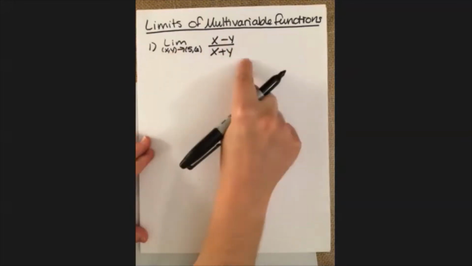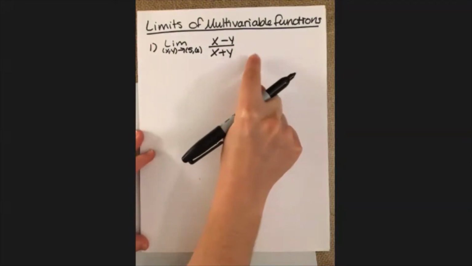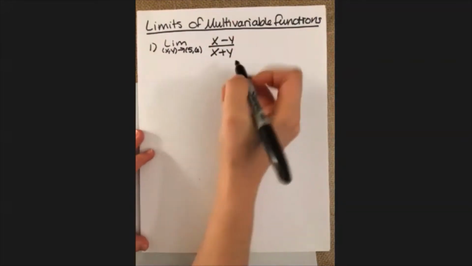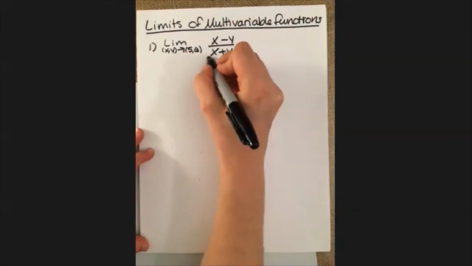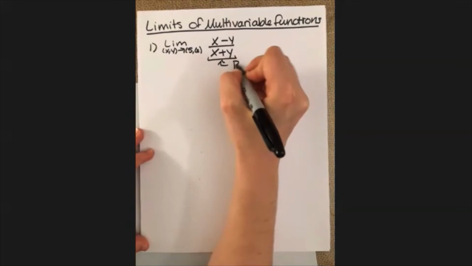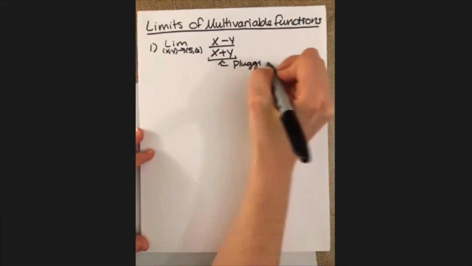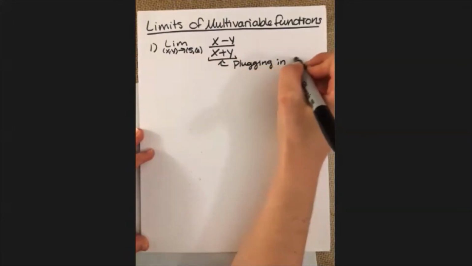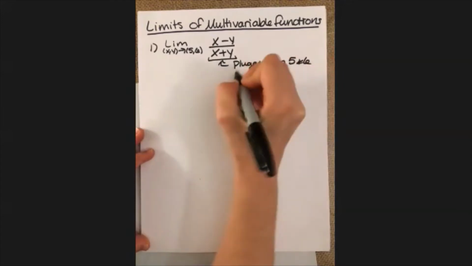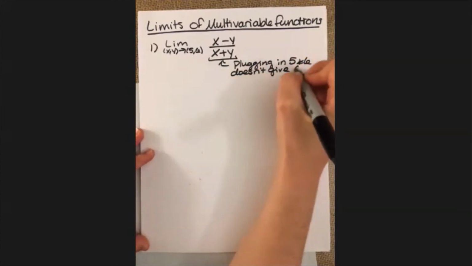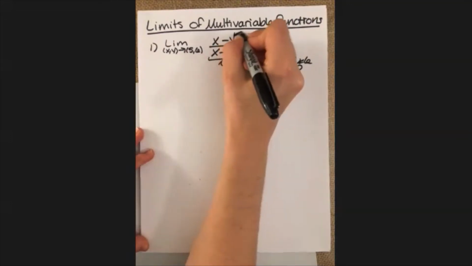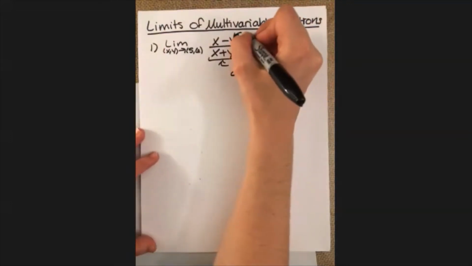So to evaluate this limit using continuity, all we have to do is note that by plugging 5 and 6 in at the bottom, we're not going to wind up with 0. And we also know that the top is always continuous, so that's totally fine.